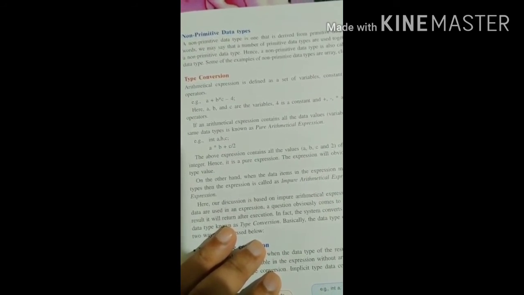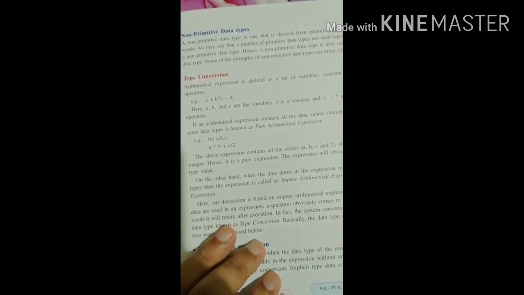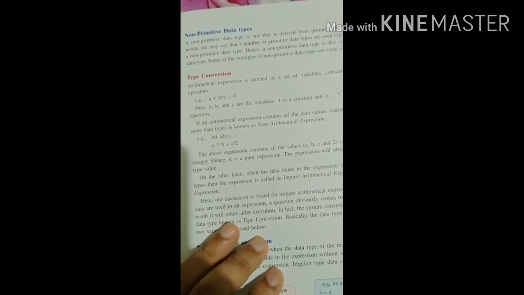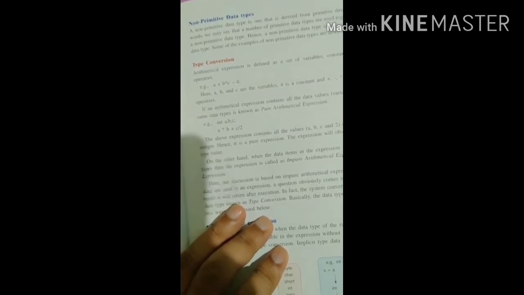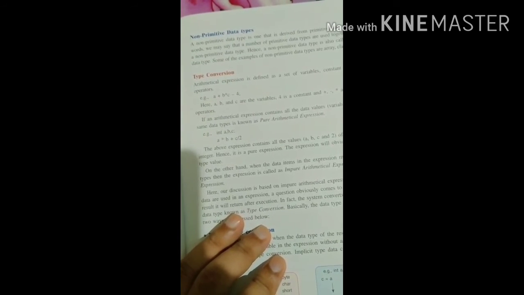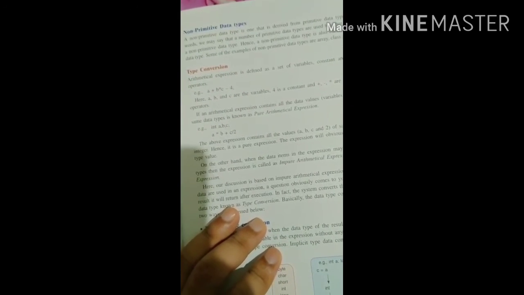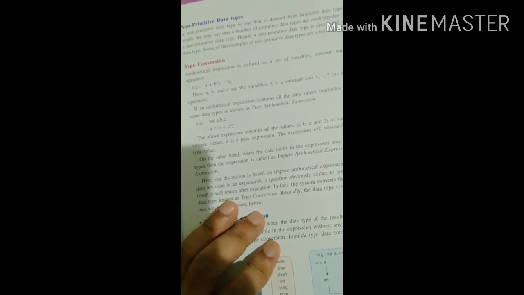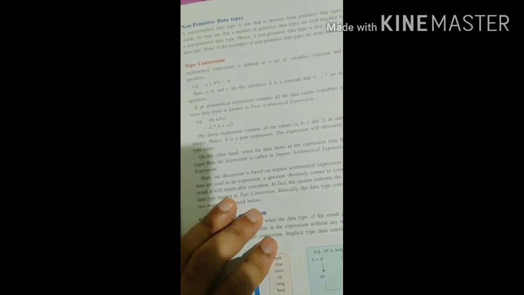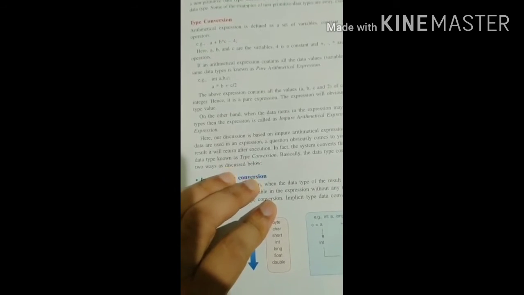Another one, a into b plus c by 2, is also a pure arithmetical expression. We will understand impure arithmetical expressions because we have to work on this.